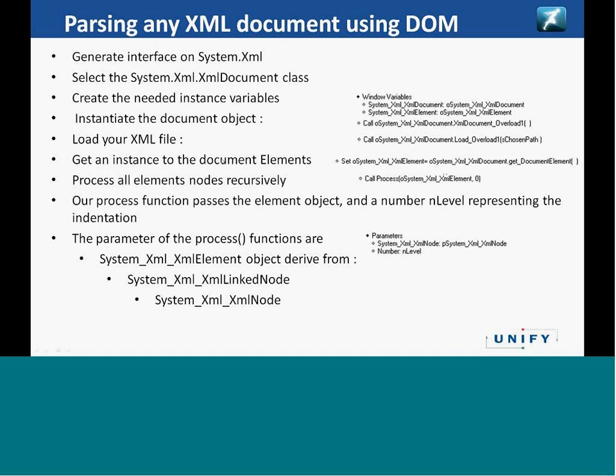Then you get an instance of the document element, by using System.Xml element, which is the variable that we define, and we just get the document element, which will return us an object. At this point, you want to start to navigate to actually process all the nodes of your tree in memory.